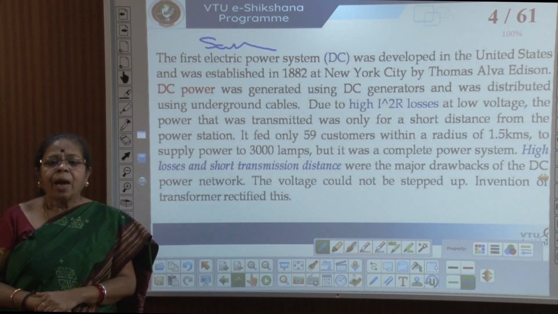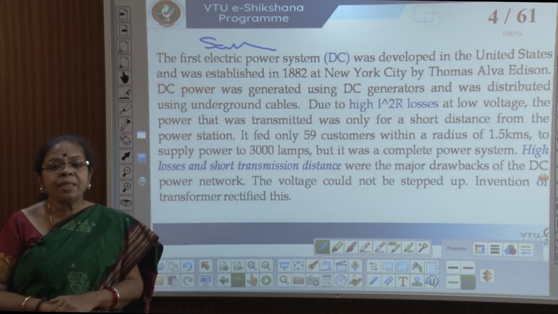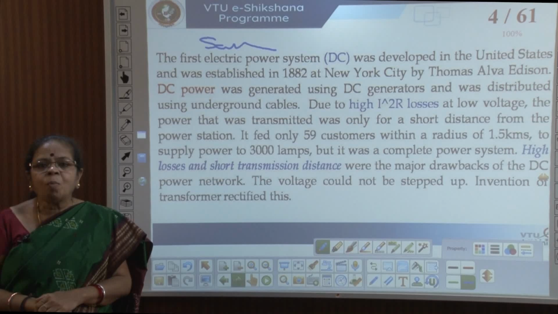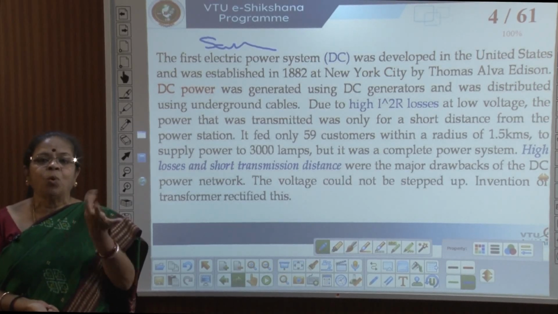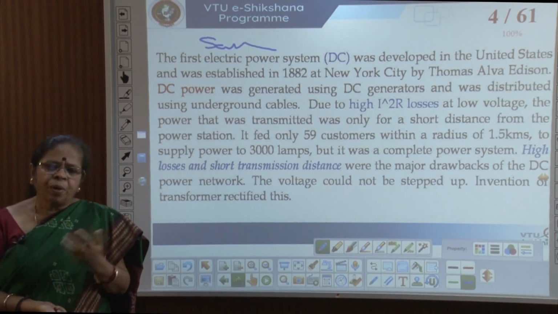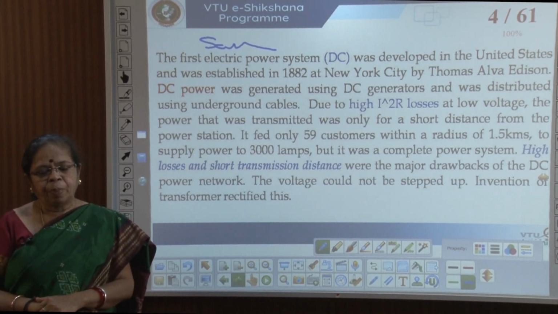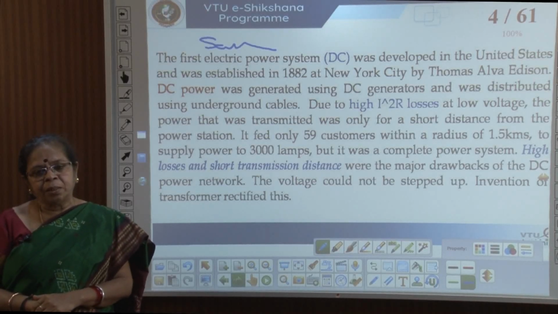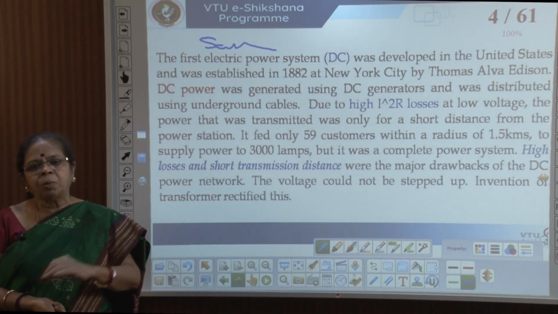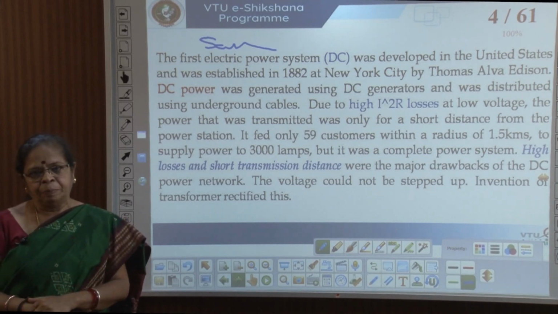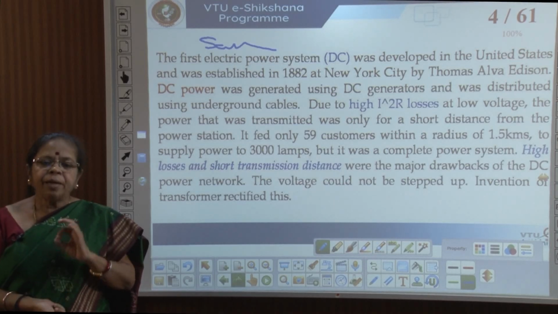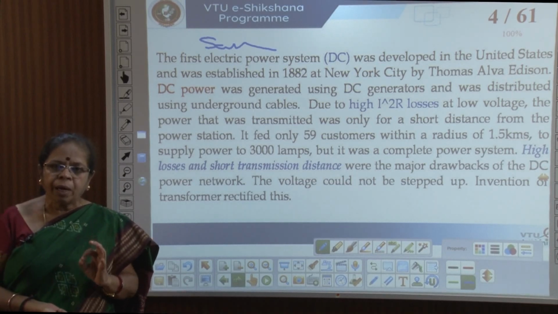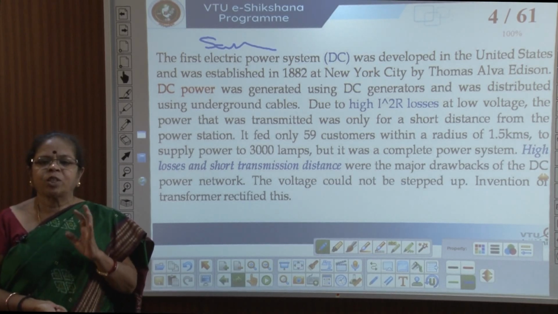At that time, in 1882, the major drawback was that there was no way to step up the DC voltage. How do you step up a DC voltage? You cannot do it, right? So we were limited to transmitting electric power at low voltage DC. Now, if there is one invention which revolutionized the entire concept of the electric power industry, it would be the transformer.